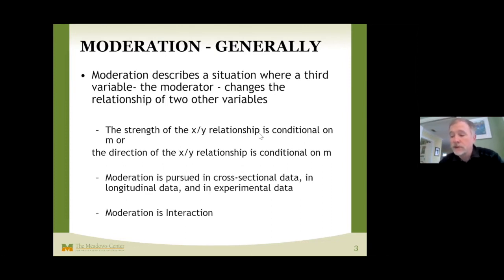Interactions of a categorical 2-level moderator, for instance, like gender, in a 2-group randomized trial would yield 4 groups, right? Treated boys, treated girls, untreated boys, and untreated girls. The moderation question would involve contrasting treatment's effect across the 2 levels of gender. So that would be moderation in its most, I think, simple and straightforward form.